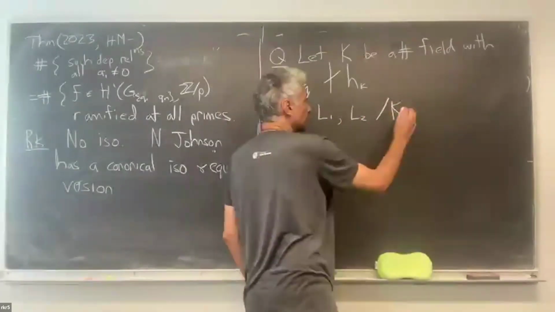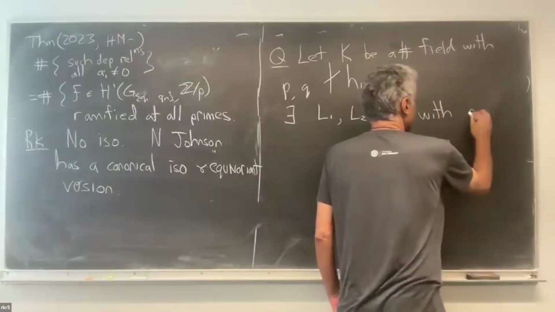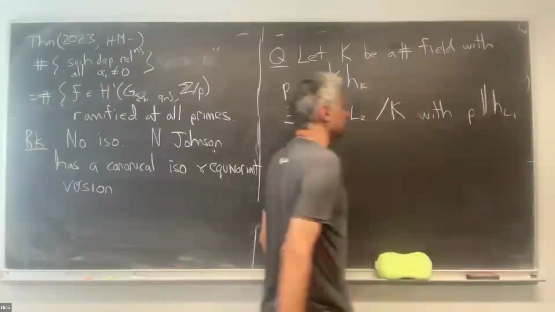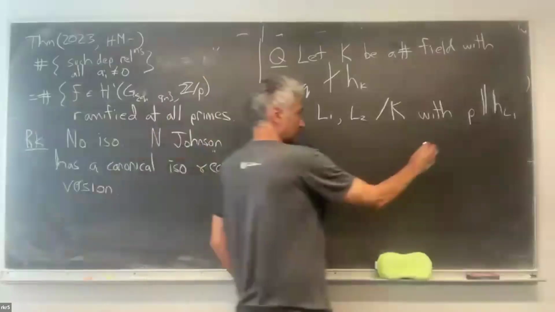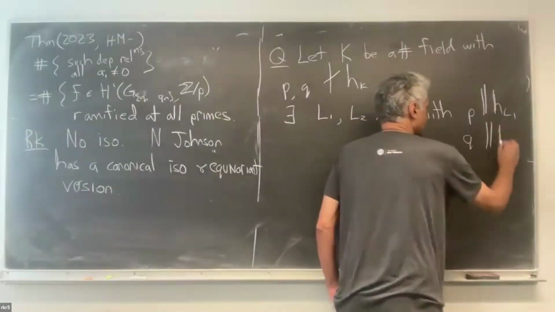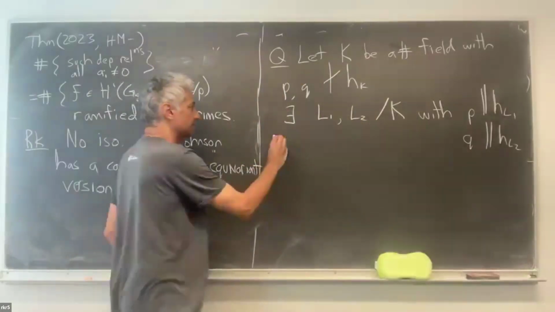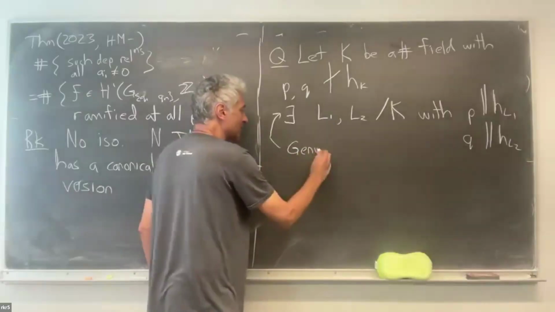So there are extensions of K, L1 and L2, where p divides the class number of L1 exactly, and q divides the class number of L2 exactly. This comes out of genus theory. This is not too hard, especially if you know the Grunwald-Wang theorem.